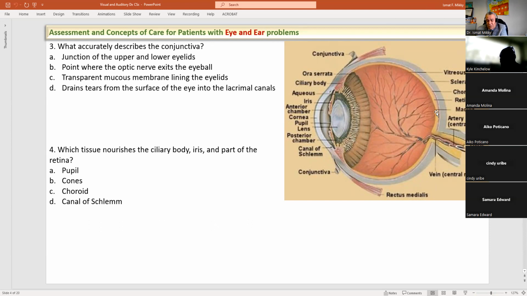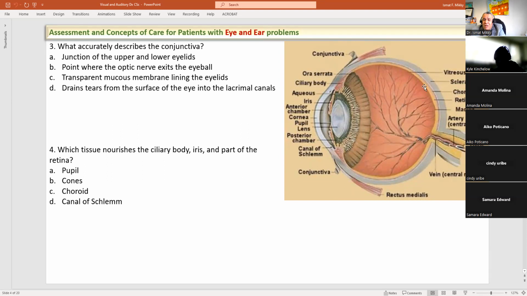And number 4, which tissue nourishes the ciliary body, iris, and part of the retina? That should be the choroid, which is the middle one. See the retina, the inner lining, then the middle one is the choroid right here, and the outer one is the sclera.